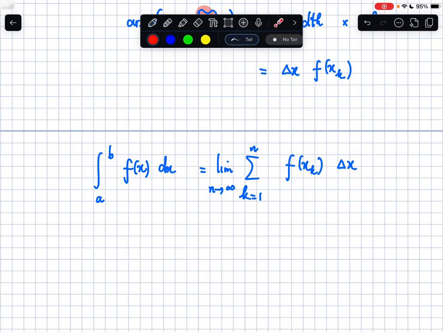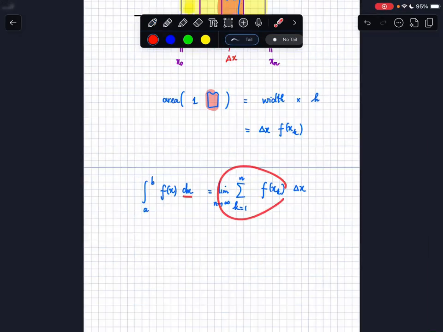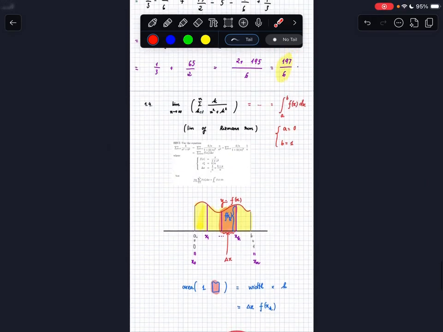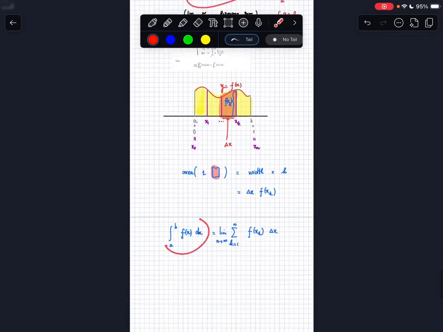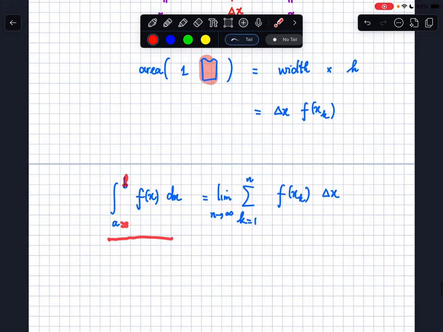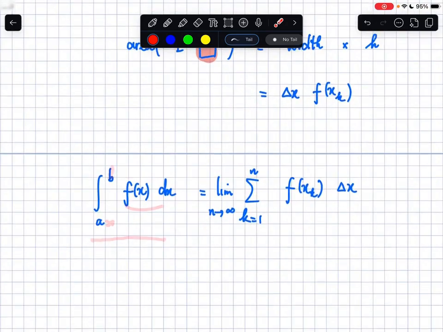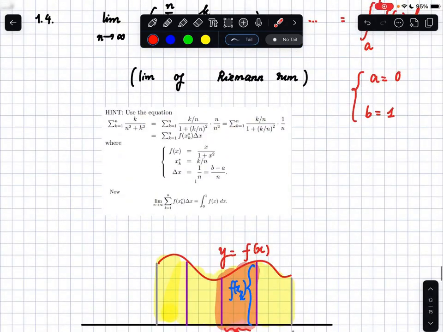That's why delta x tends to 0, and we get dx. This is what they mean by the hint: the integral from 0 to 1, where a is 0 and b is 1, of f of x dx. Now we will use all of this to find f of x.